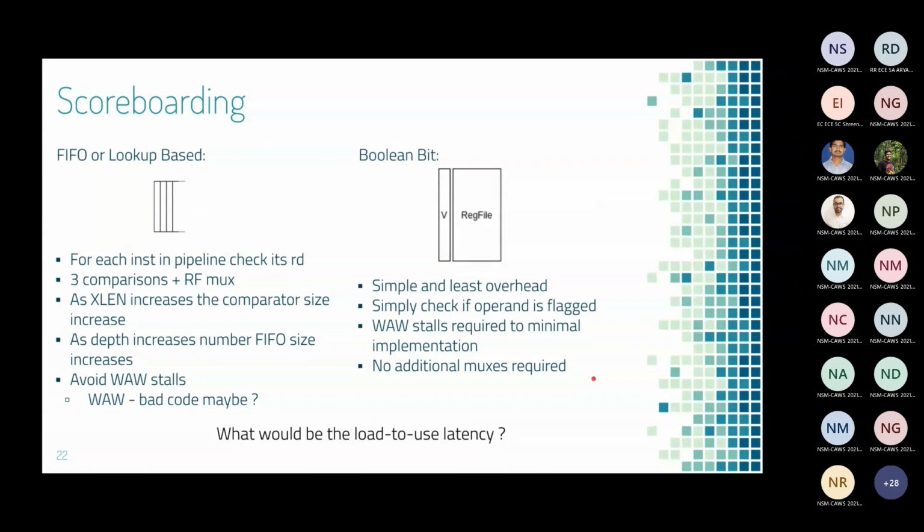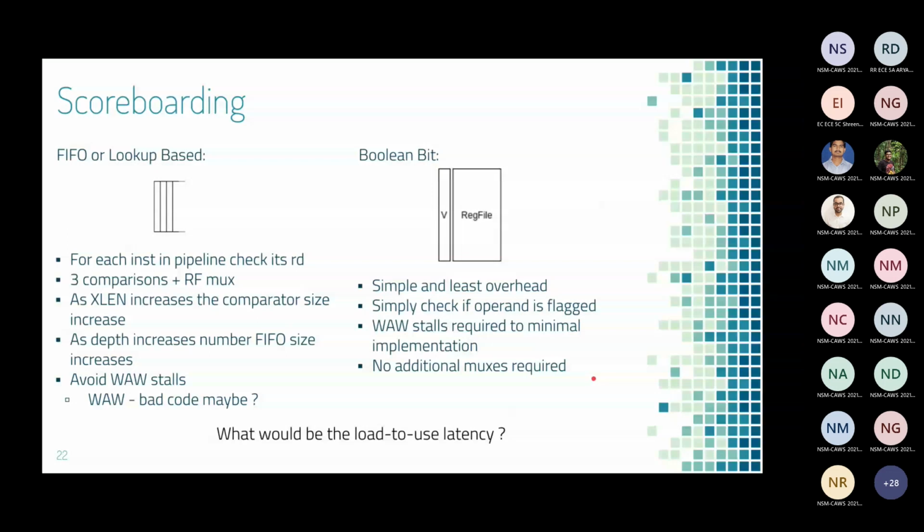So scoreboarding basically has a vector of 1 bit, or you can have different ways of implementing scoreboards. It basically says this pipeline stage has this instruction with this result of this register, and if a newer instruction wants that as an operand, it can either read from an intermediate ISB, an interstage buffer, or it can stall until that instruction has committed.